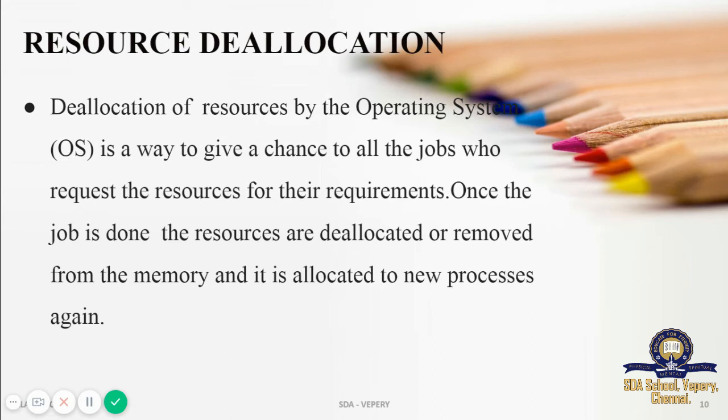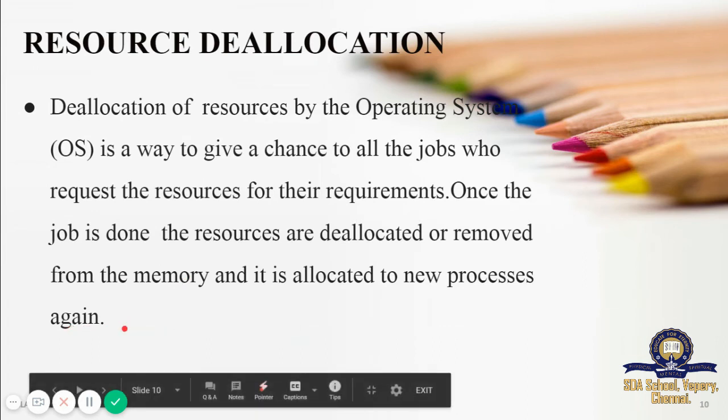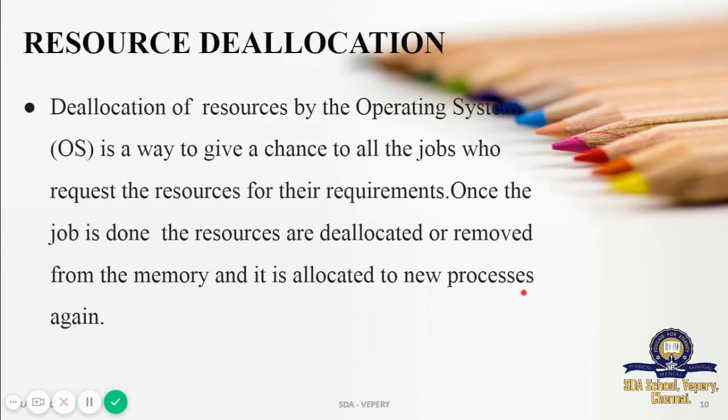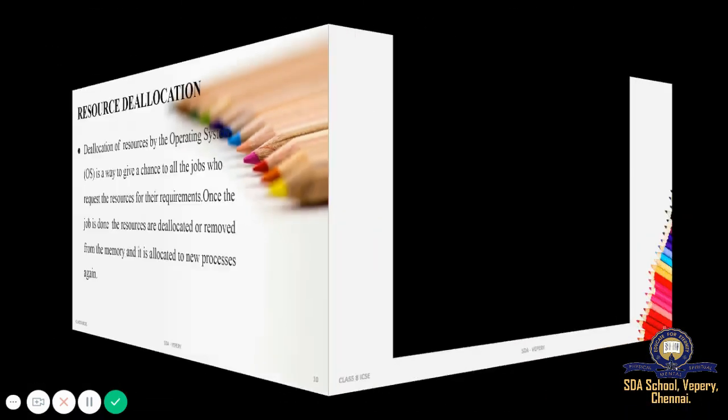Once released, those resources can be given to the waiting processes or new processes. Okay, so once the job is done, the resources are deallocated or removed from the memory and allocated to new processes again. You all got it? This is called resource deallocation.